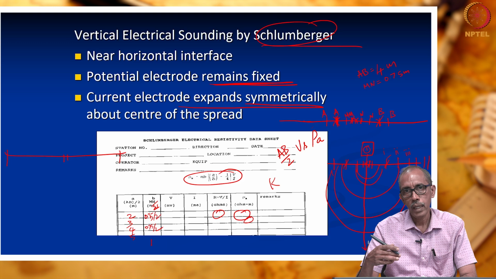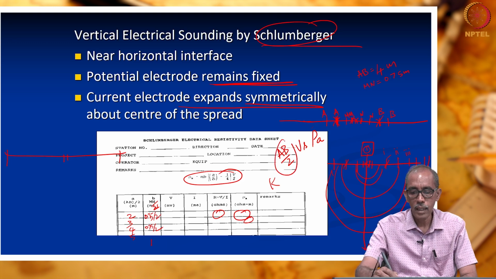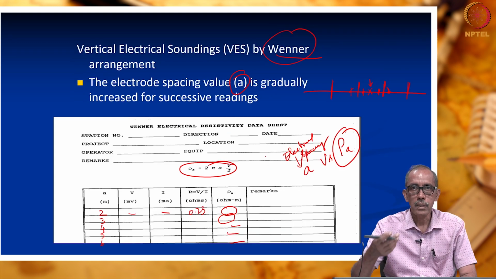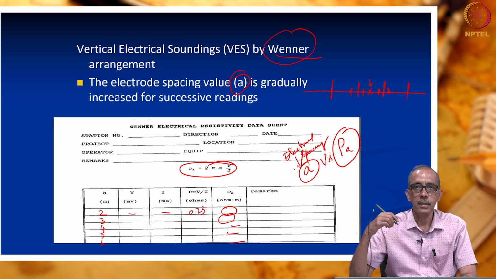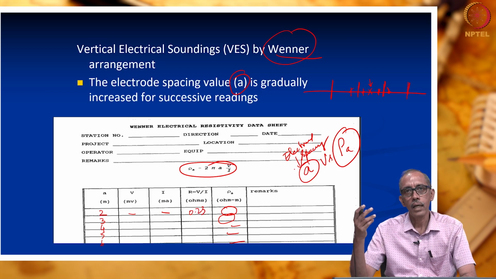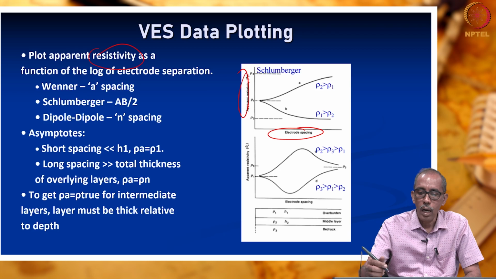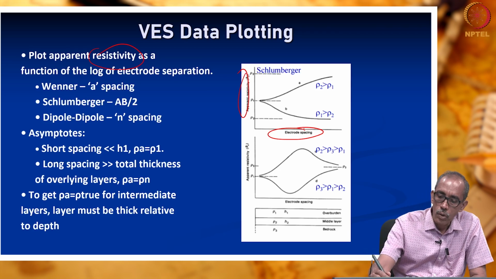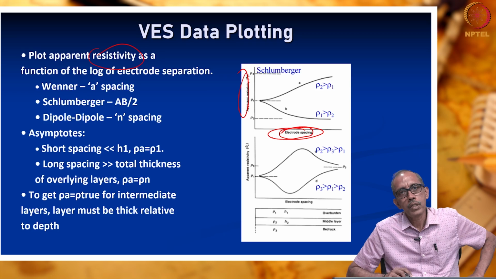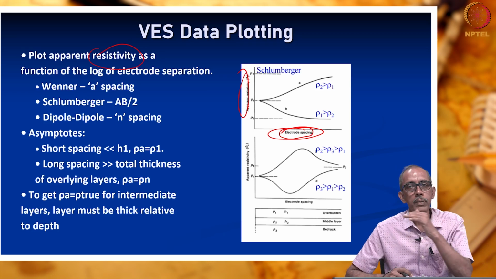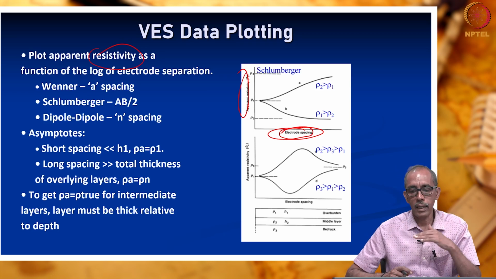What is the depth of penetration here? Depth of penetration is AB by 2. In the previous slide, depth of penetration is A. So, indirectly now we have information on depth versus apparent resistivity. Okay. So, though we write electrode spacing here, indirectly electrode spacing refers to the depth of penetration of the current.